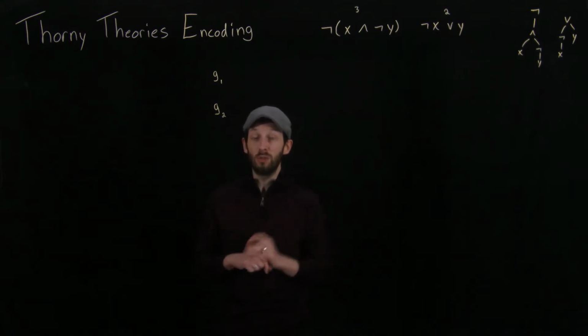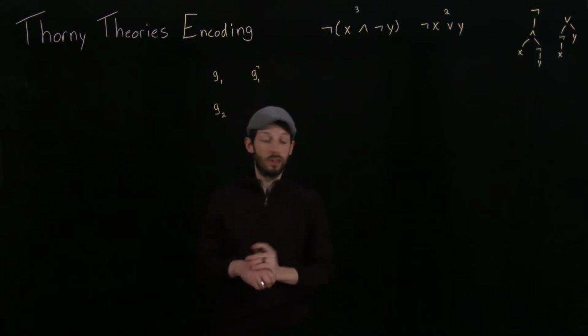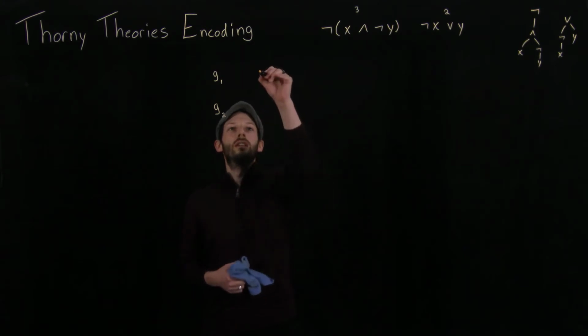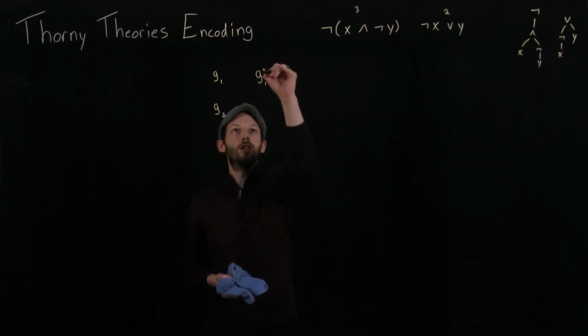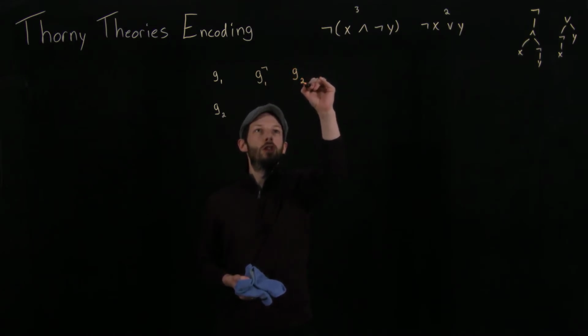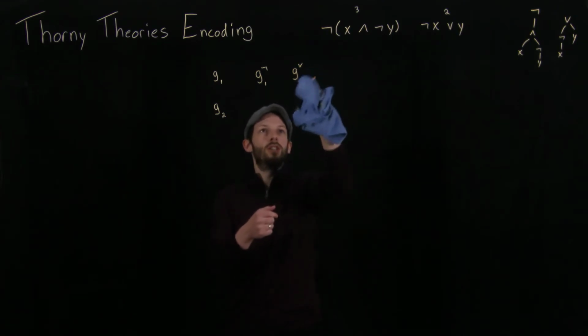And now we need additional propositions that say things like G1 is a negation gate. That's a little bit small, so let me redraw it. I have propositions that say G1 is a negation gate, G2 is a disjunction gate, or G1 and G2, right?